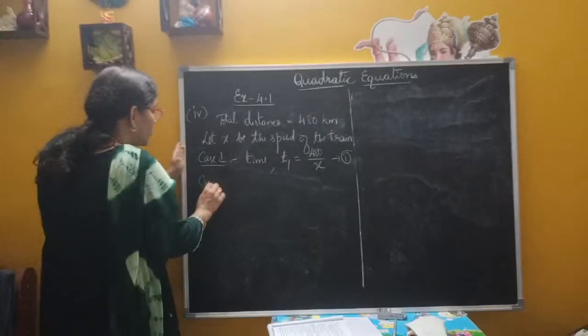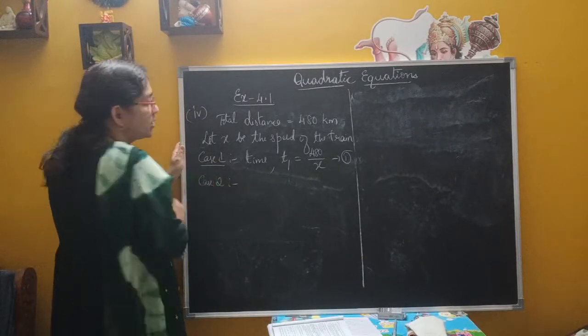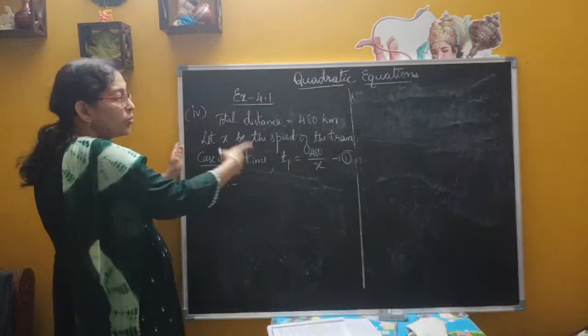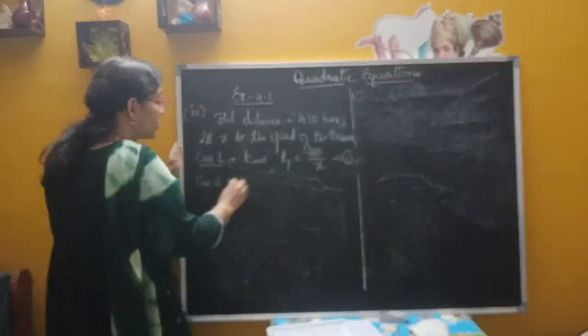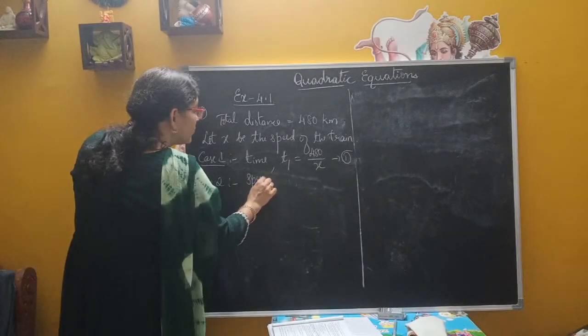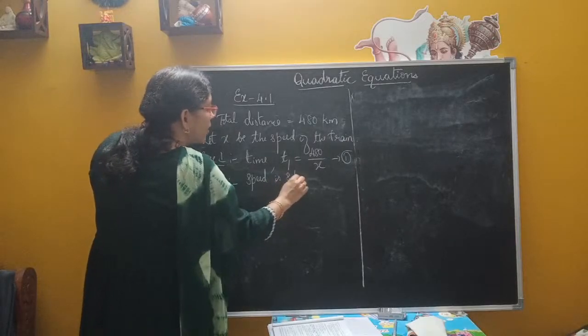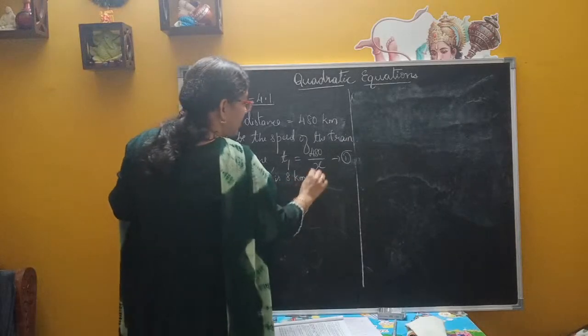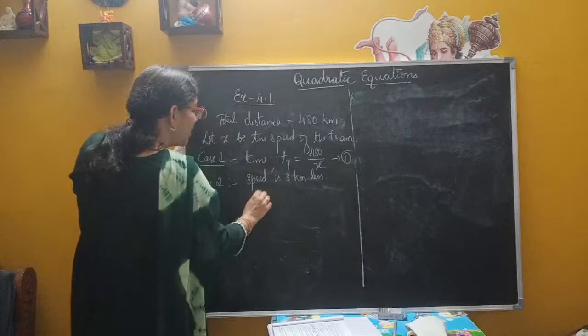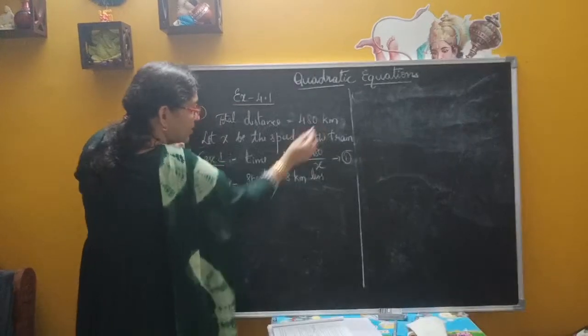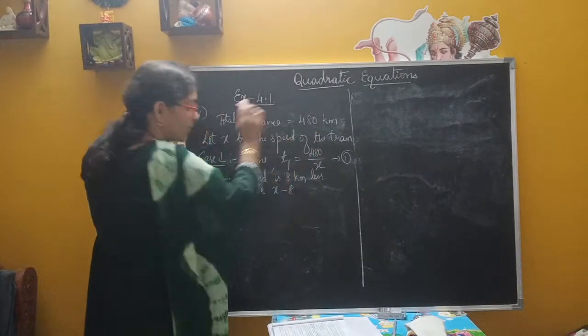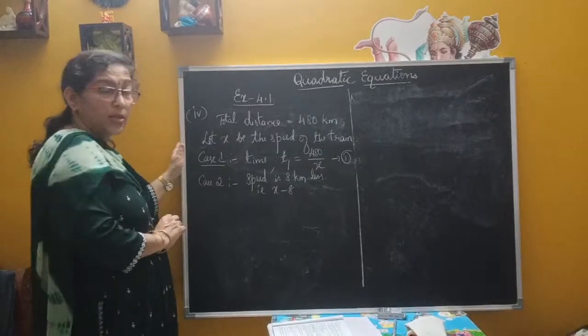Next, case 2. What is the speed now? The speed is 8 kilometers less, so it is x minus 8.